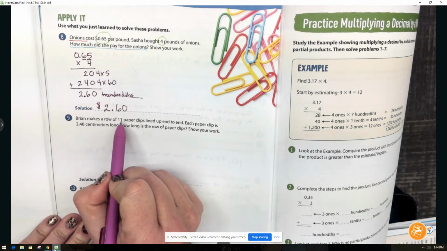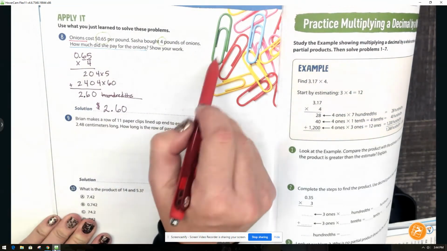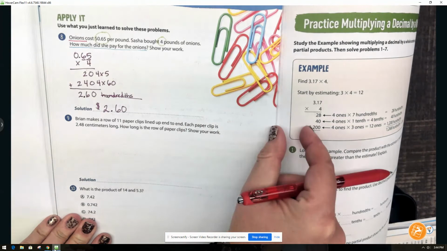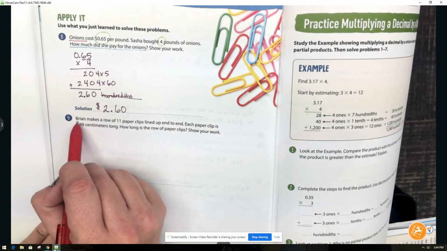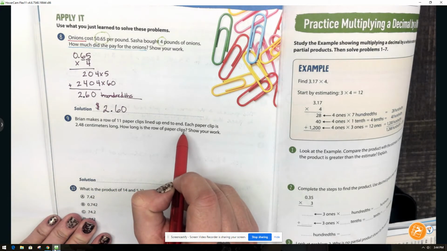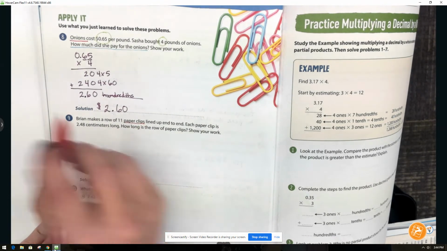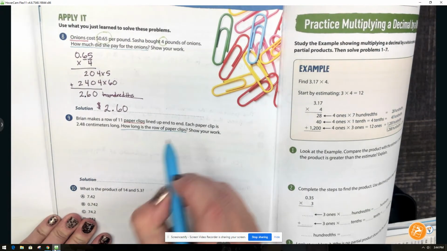Now, Brian makes a row of 11 paper clips lined up end to end. See these paper clips? He put 11 next to each other. Each paper clip is 2 and 48 hundredths centimeters long. How long is the row of paper clips? So this question is talking about paper clips, and we want to know how long is the row of paper clips.